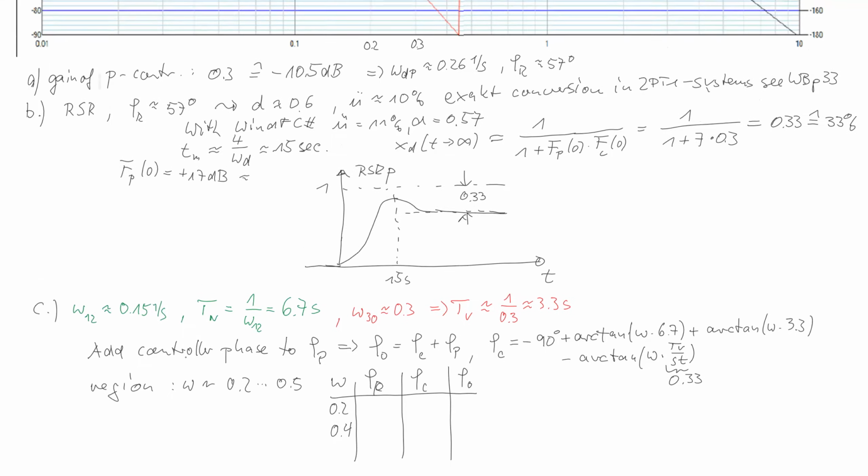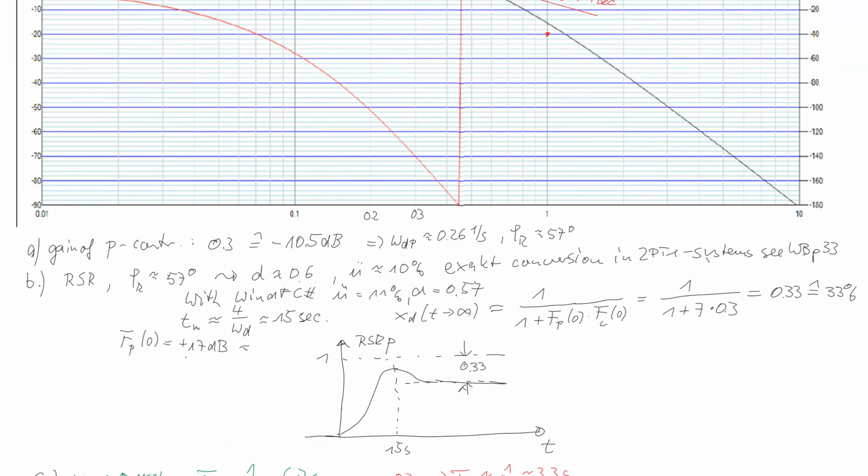So phi p, the process phase at 0.2, is rather accurately one division.